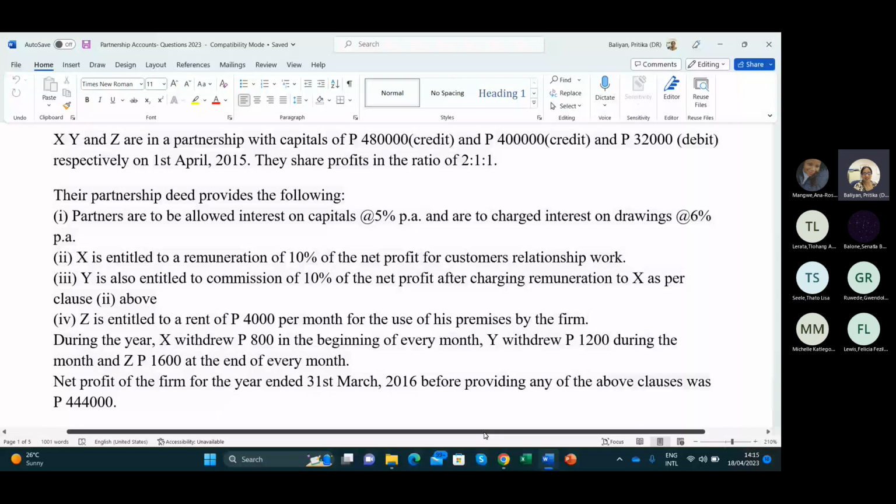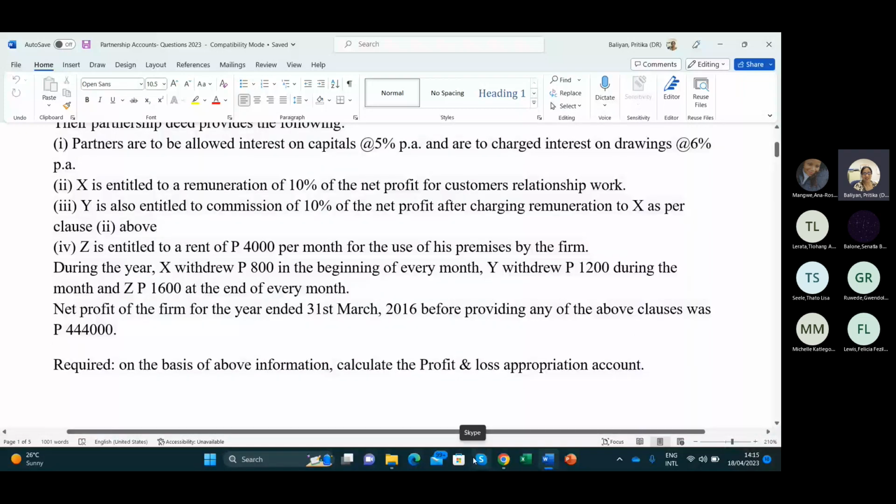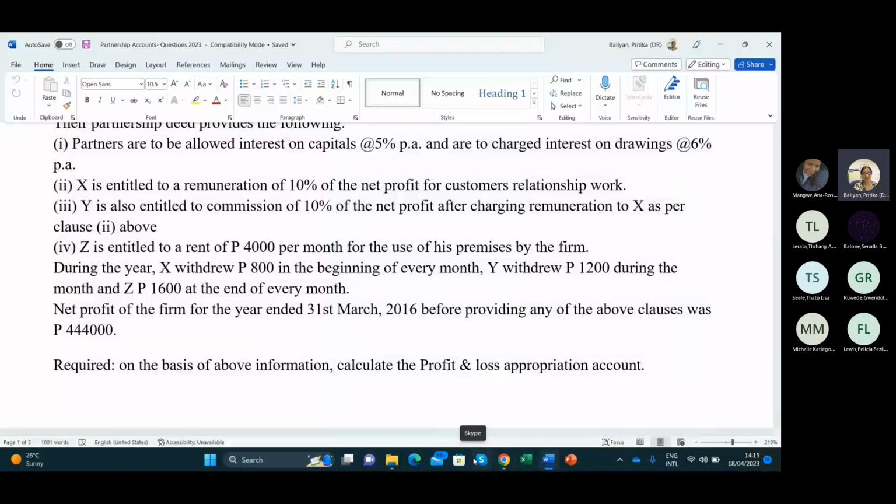So that was the net profit the firm earned during that financial year. Now, on the basis of the given information, you need to prepare the profit and loss appropriation account for the partnership firm.